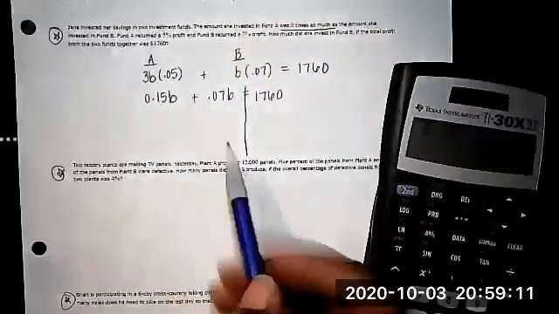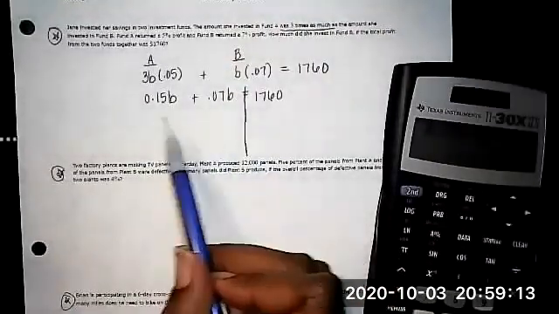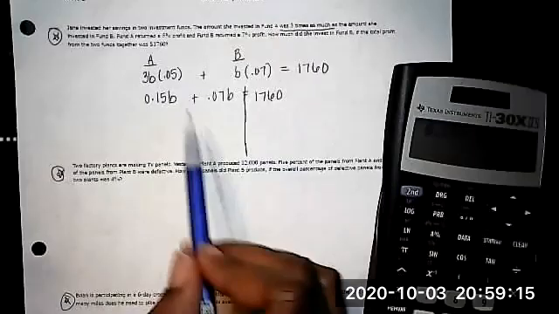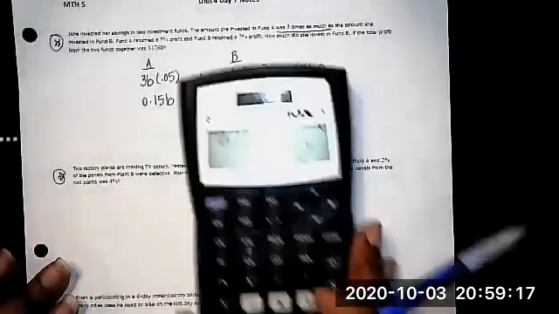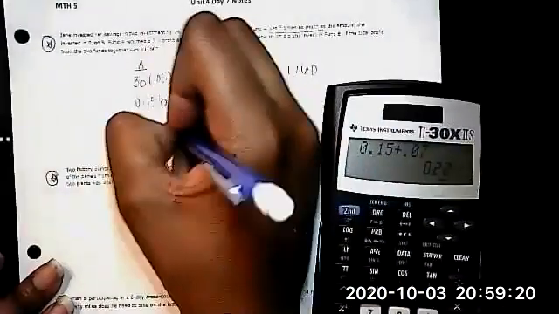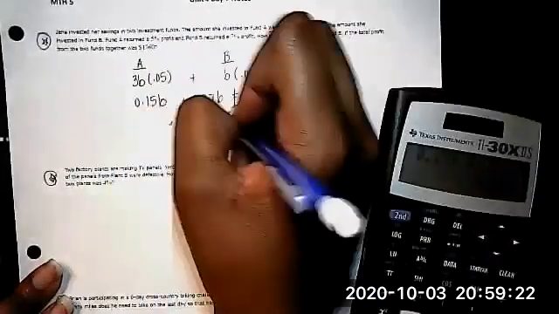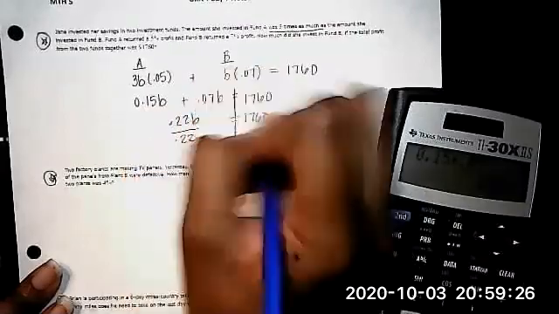They're on the same side of the equal sign. We're combining like terms as opposed to going on the other side. When I combine like terms, I got 0.22B equals 1760. To get B by itself, divide both sides by 0.22.